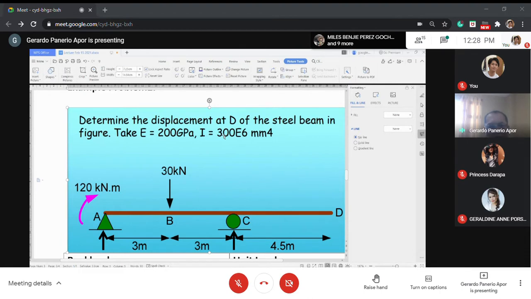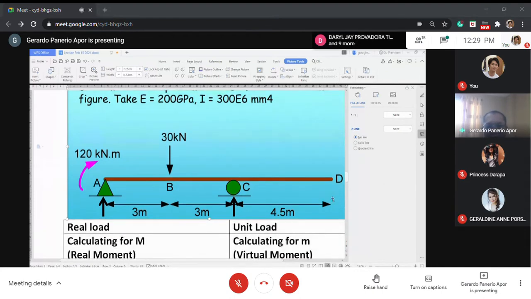Because I is a function of the dimension of the member. If I equals 0, the dimension is 0, very thin, or in fact it does not exist. So both E and I should exist to make the beam real, to exist in reality. Anyway, we are going to determine the deflection at D.